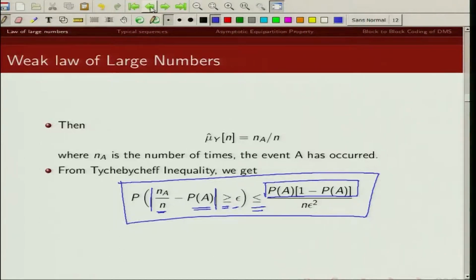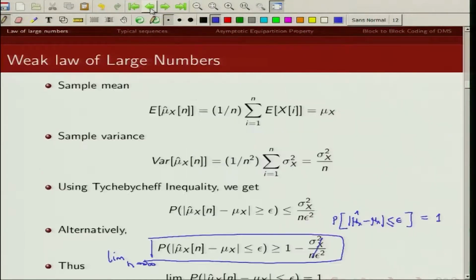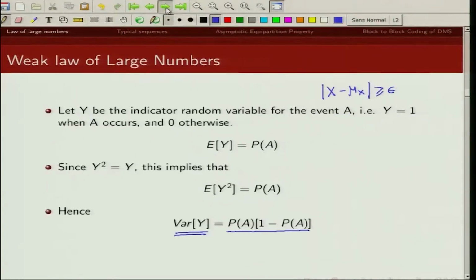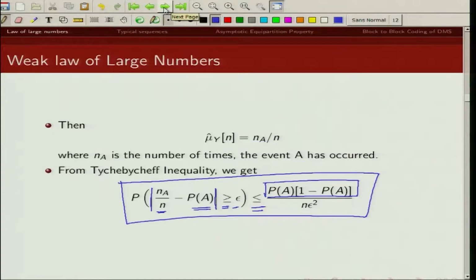So here we have used this Chebyshev inequality form which we have derived earlier. We used this form, right? Instead of mu hat of x, we had mu hat of y, and here the variance of y. So we have used this form to get our result, which is this one.